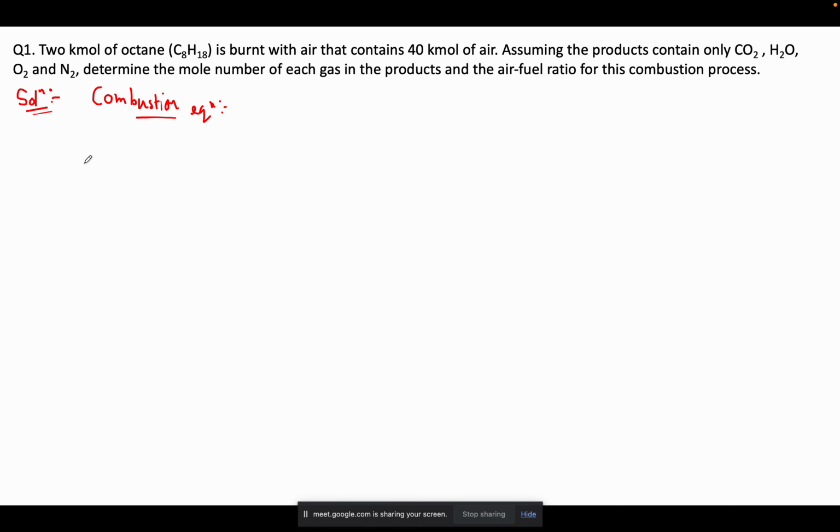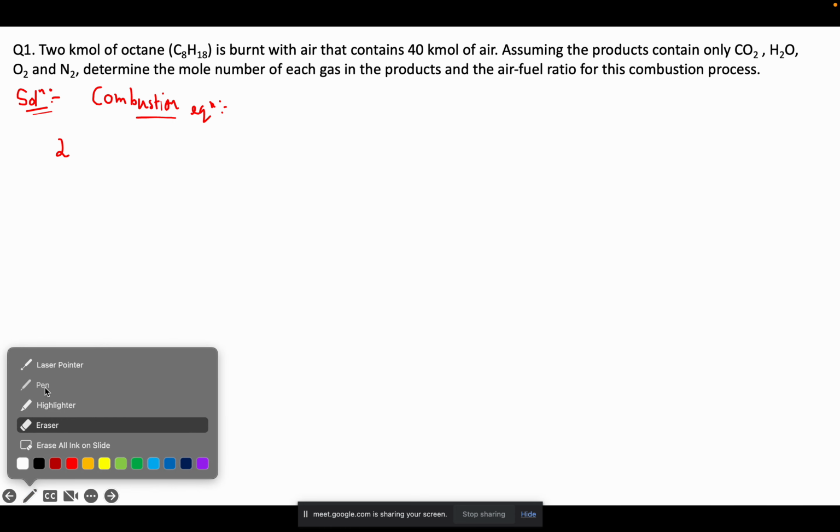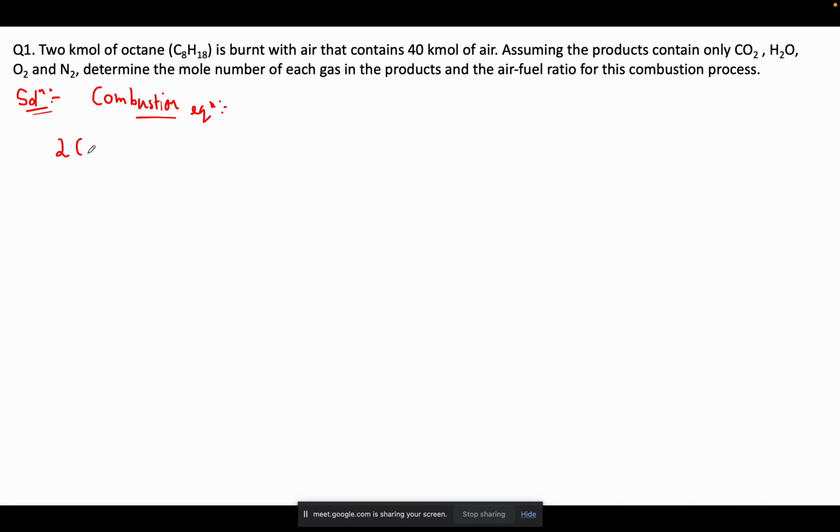Okay, so the combustion equation will be 2 moles of C8H18, and it reacts with 40 kilomoles of air. Okay, so the 40 kilomoles of air, now I'm writing this as O2 plus 3.76 N2.